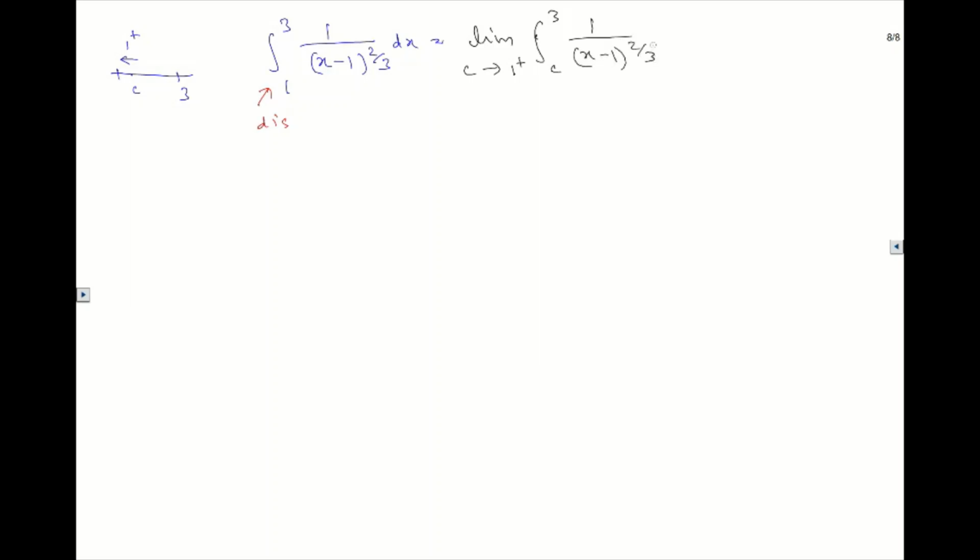The integral is very similar to the last one. So it's a limit as c goes to 1 plus. So it was 3 times (x minus 1)^(1/3). Actually it's 3 minus 1, so it is not c.